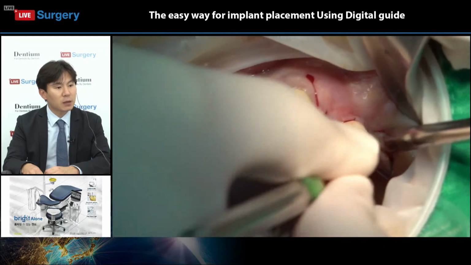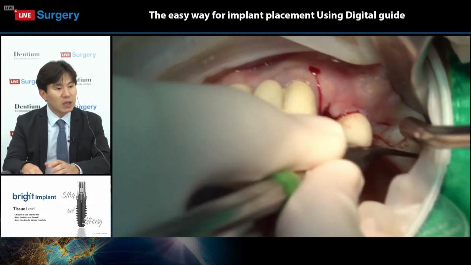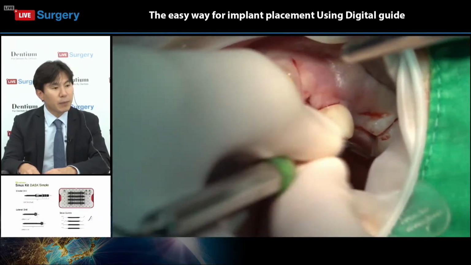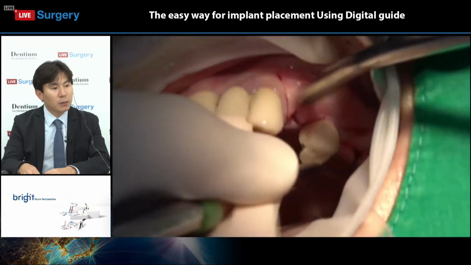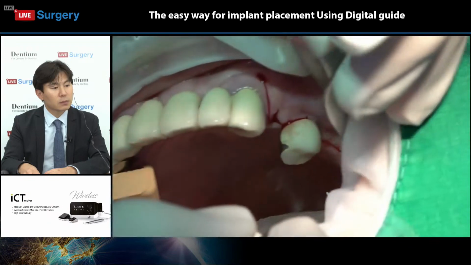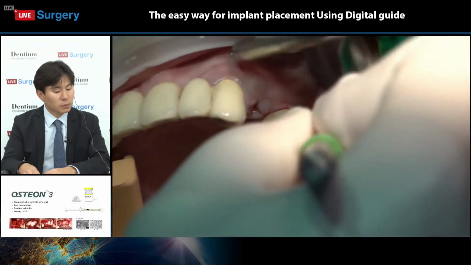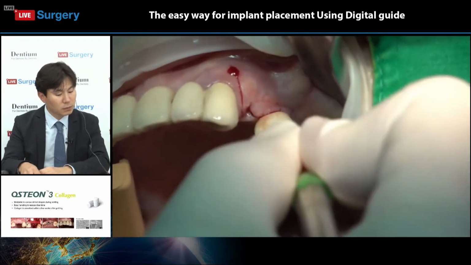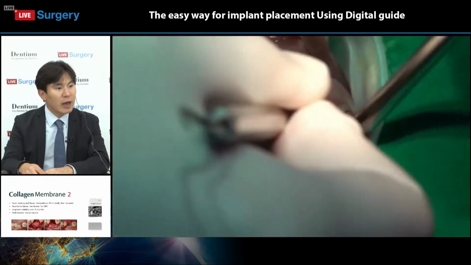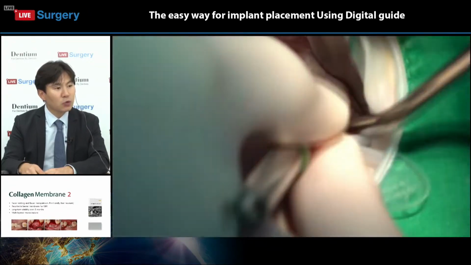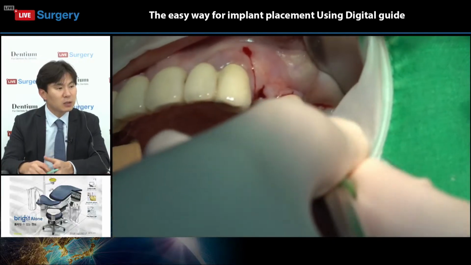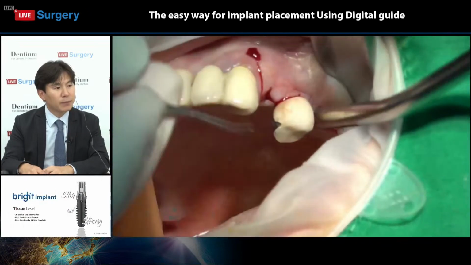He is using a curette to sever the attachment of the flap on the bone surface. I think there is some bony irregularity on the 26 area, and it looks a little difficult to raise a flap.